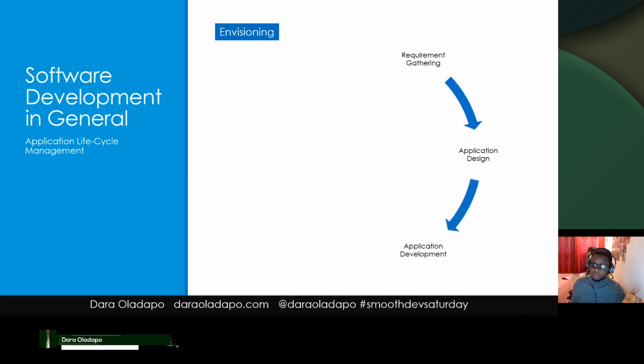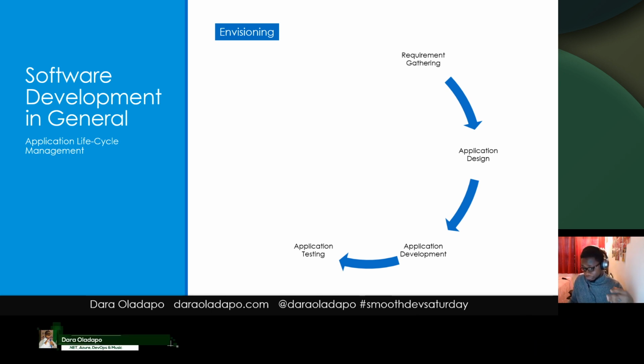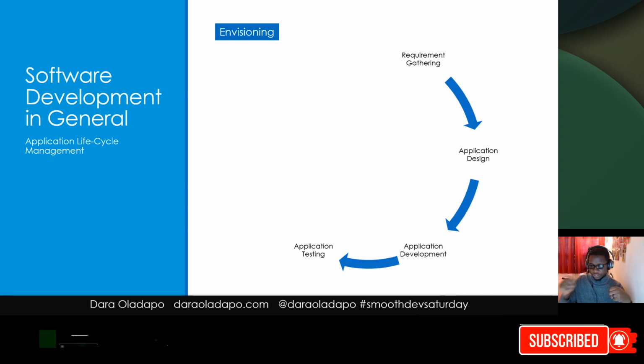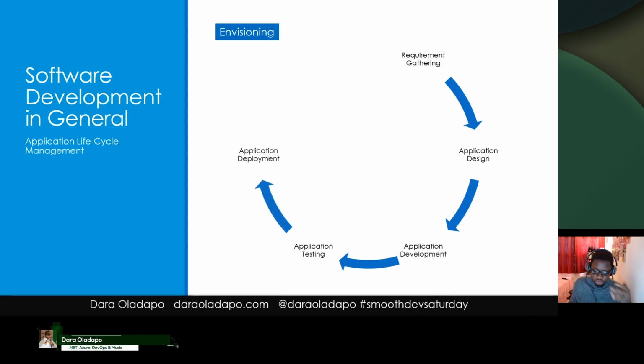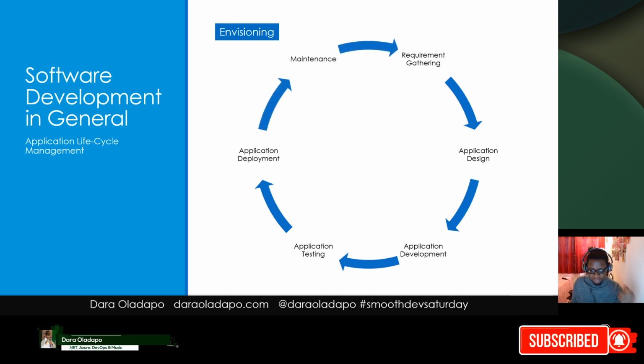And then the application development phase, where you get to write the code to make the application work. And of course, application testing, where you diligently find bugs, or maybe not, but you need to make sure that the application conforms to the specifications that are set out in both the requirement gathering and the application design phase. And of course, you deploy the application to the hands of the users, and then you maintain, you get telemetry, you fix bugs, and you do all sort of things there.